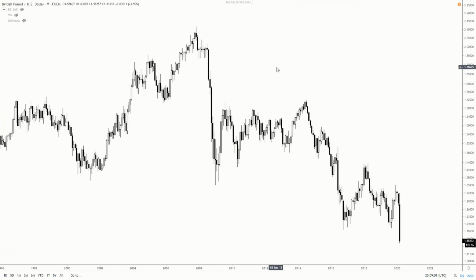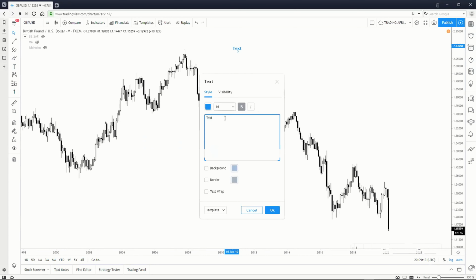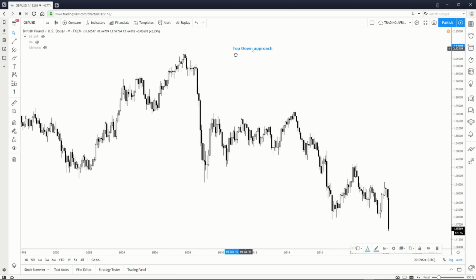Choose the right time frame which you are comfortable with, but remember to use the top-down approach on the charts. Once we say top-down approach, we are talking about using the higher time frame.